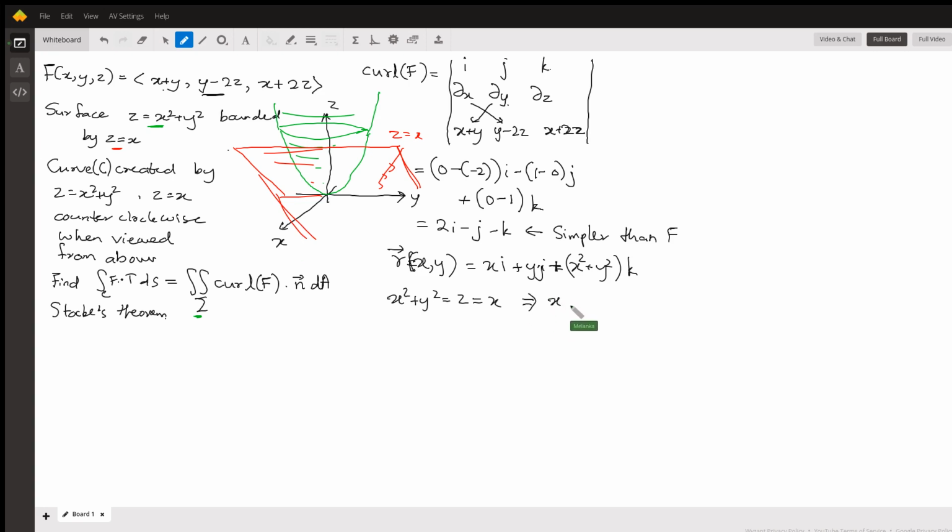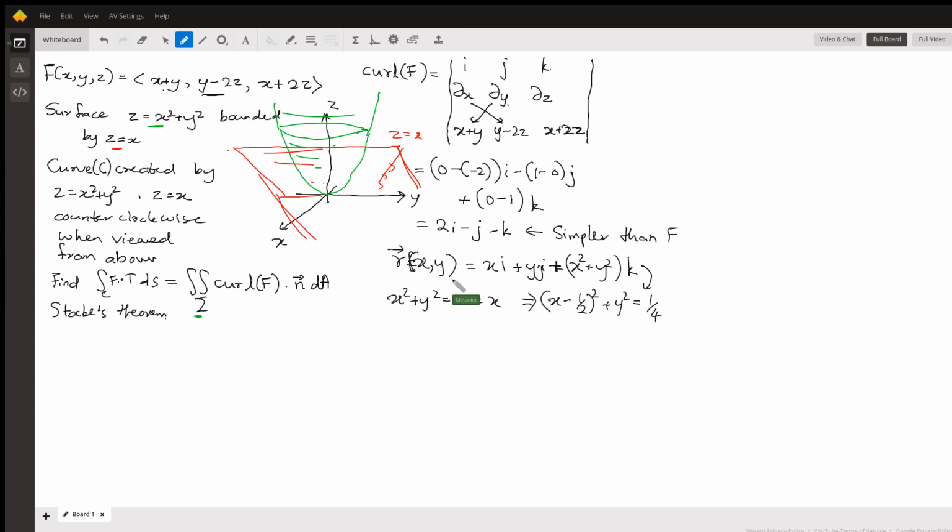I'm just brushing this off because this is going to be a pretty big video if you do simple stuff. So this will be a circle on the xy plane. So the boundary is this.